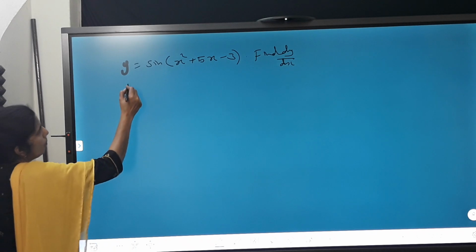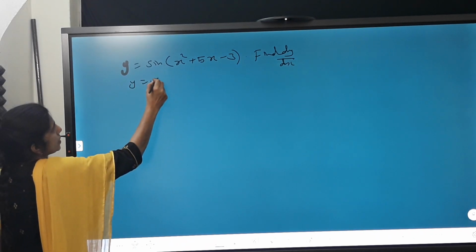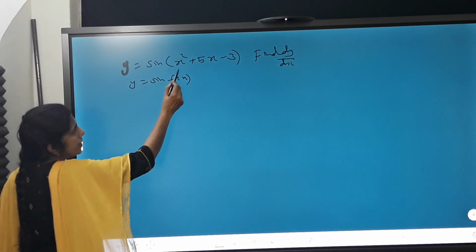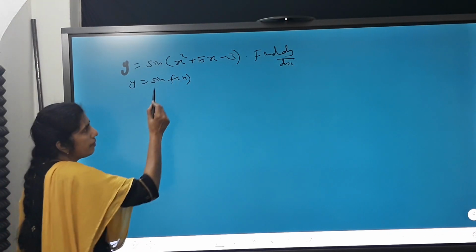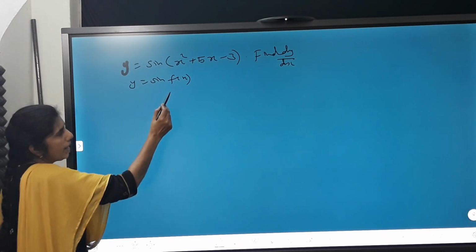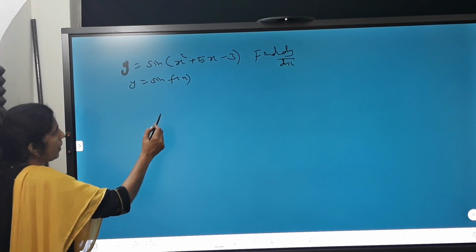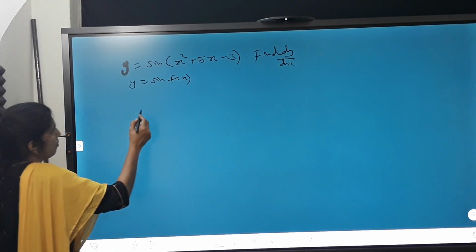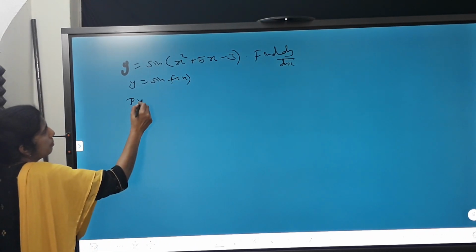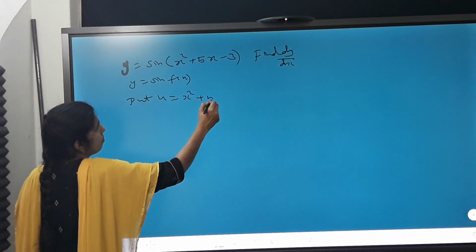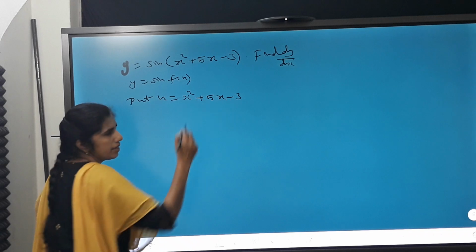Let us see how we can differentiate this function. This is of the form y is equal to sine of f of x. Our f of x is x square plus 5x minus 3. Whenever the function is of the form y is equal to sine of f of x, our substitution is u equal to f of x. So here we put u equal to x square plus 5x minus 3.